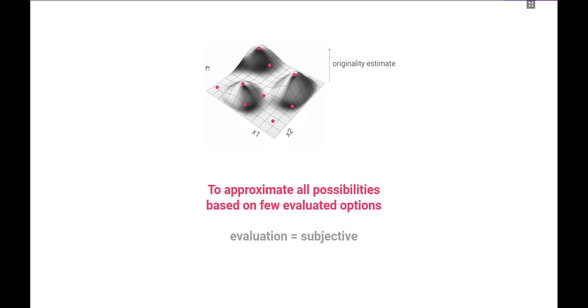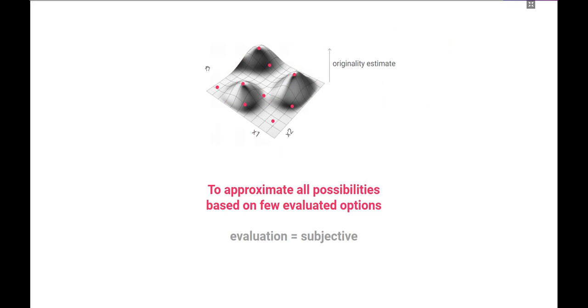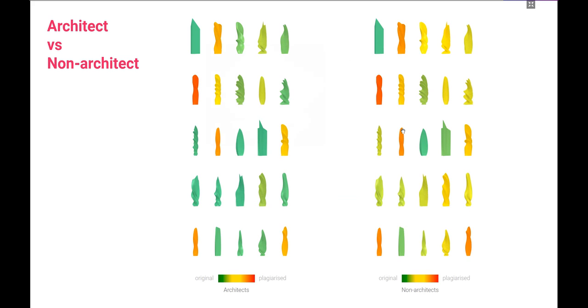And once the neural network is trained, then we can find out the performance, which in this case is the perception of originality of solutions which lie in between. And these are some of the outputs.